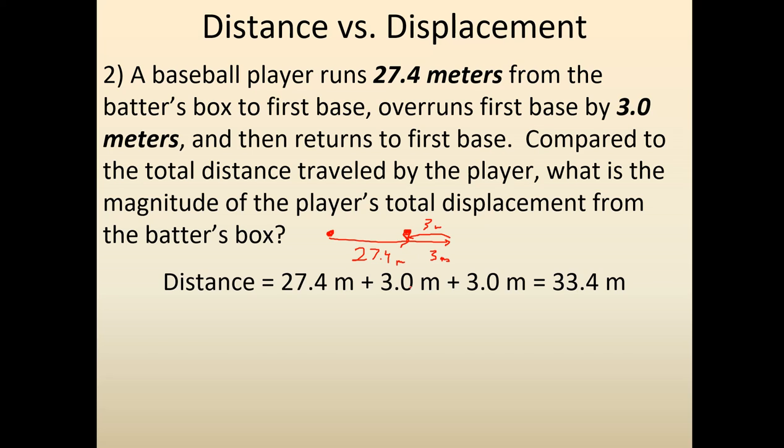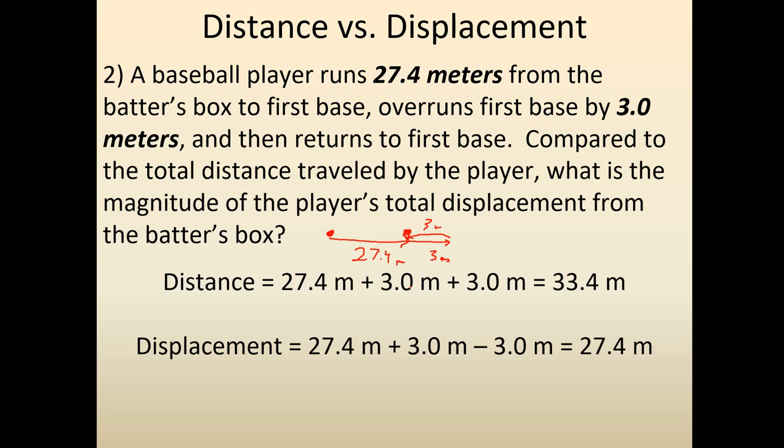Displacement does take into account start to end, and it does take into account direction. So if we tried to do the same thing here, we'd have to make sure that the 3 meters get canceled out, because moving 3 meters forward but then moving 3 meters back means that you didn't really do anything there. So the only part of the displacement is just that initial 27.4 meters.